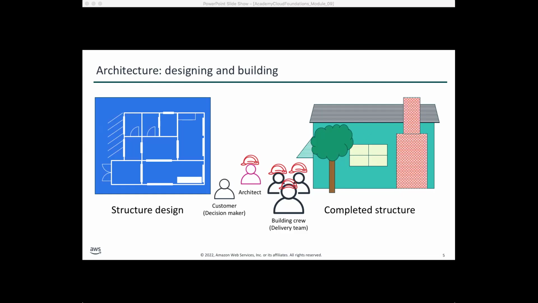Now, what do cloud architects do? Cloud architects engage with decision makers, who are generally customers, to identify their need, in other words the business goal, and the capabilities that need improvement. Then their job is to ensure alignment between the technologies that will be used in that solution and the business need or business goals, right?